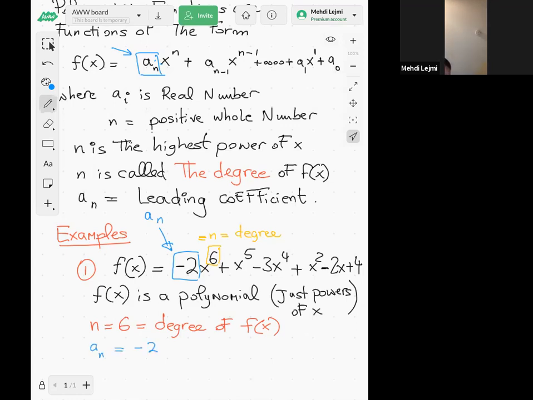That's the leading coefficient, just the number in front of the highest power of x. Okay, let's have one more example.